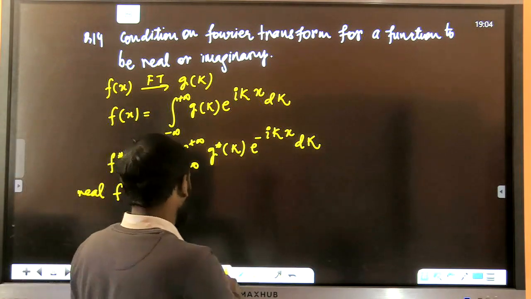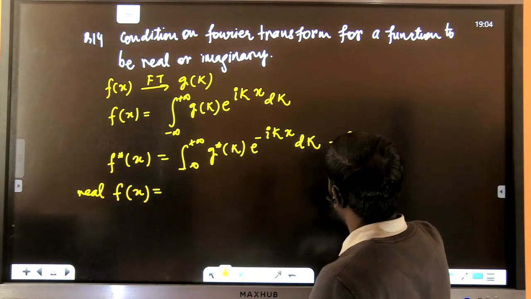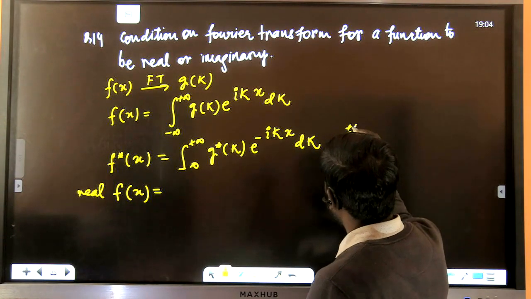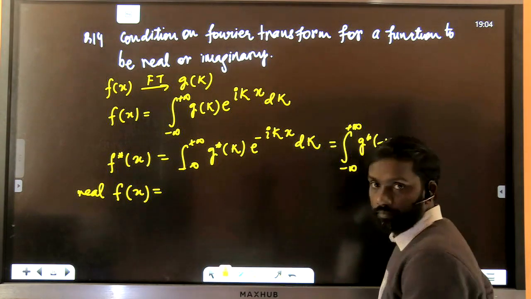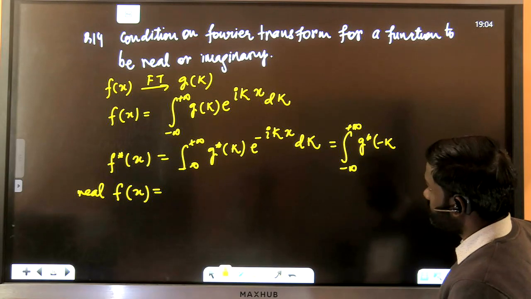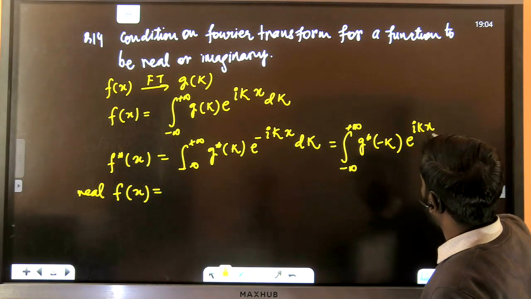If you replace k by minus k, you get the integral from minus infinity to plus infinity of g star of minus k, e to the power iota k x, and dk.